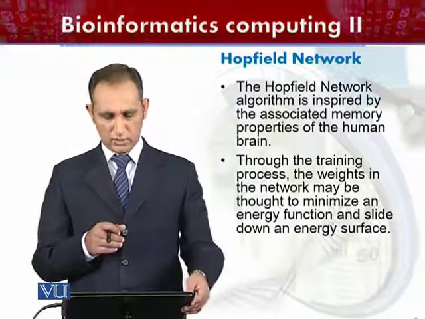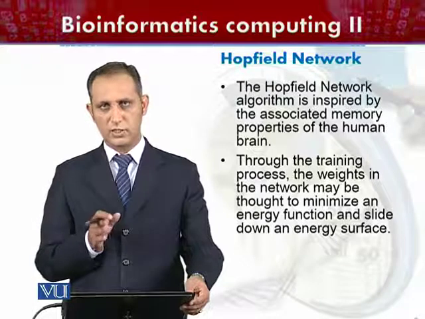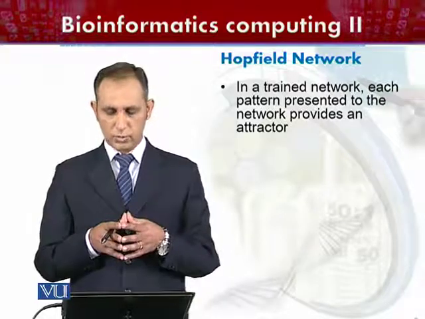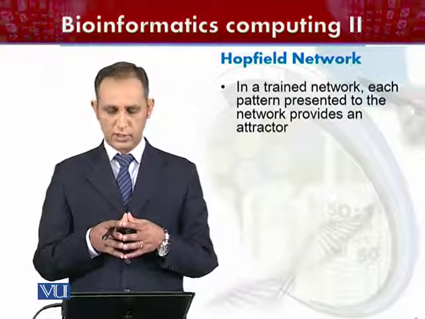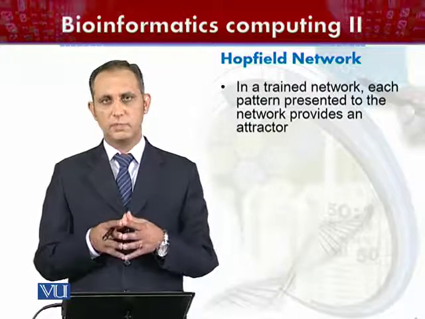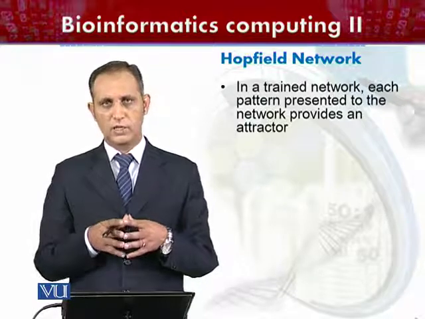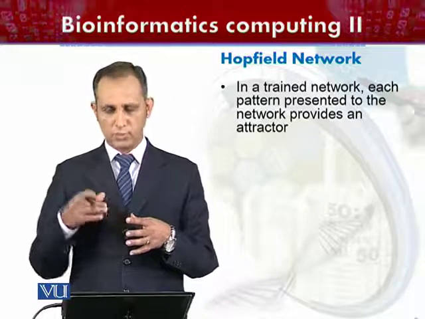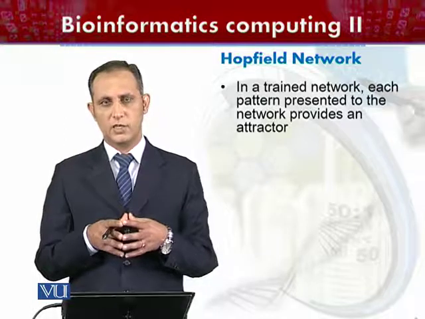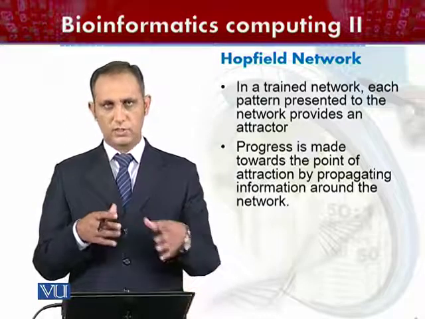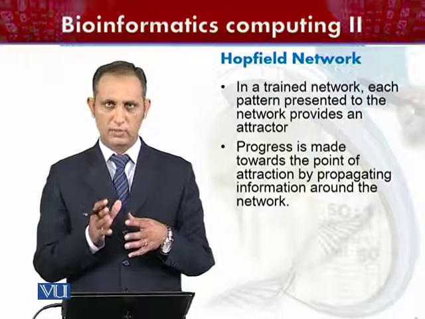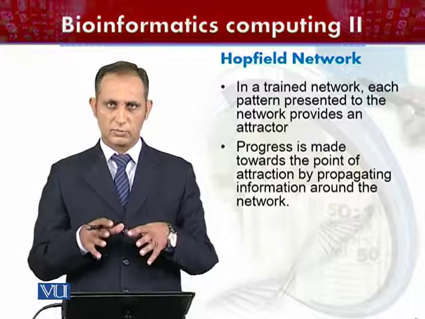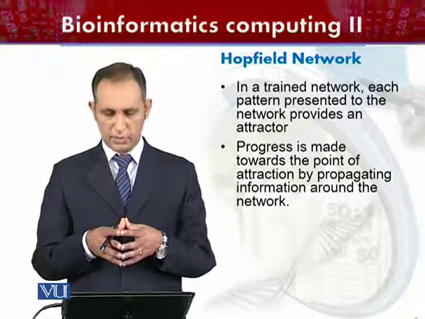So this is the general strategy of the Hopfield network algorithms. In a trained network, each pattern presented to the network provides an attractor. It means that once the Hopfield network algorithm is trained, each pattern presented to the network provides an attractor, and the attractor is an important property, an important ability, which will be discussed later in the coming module.